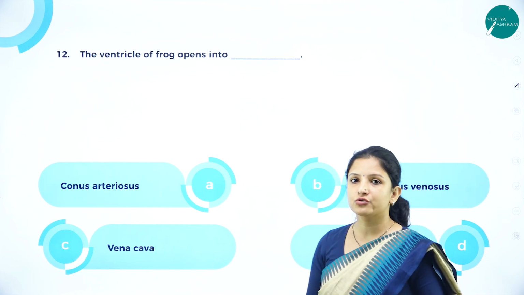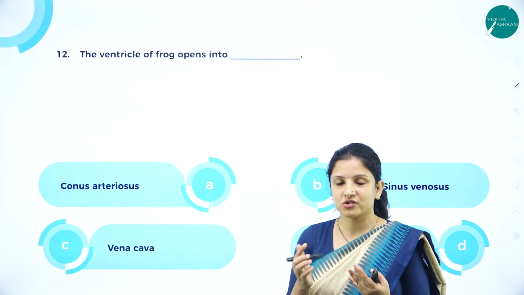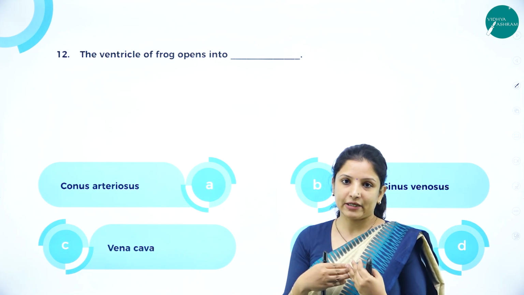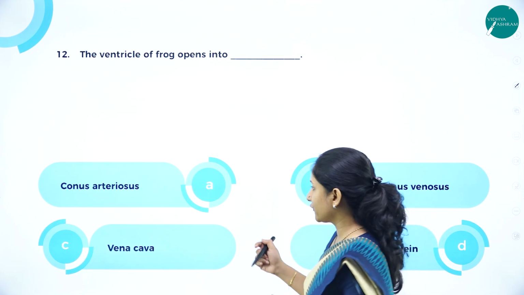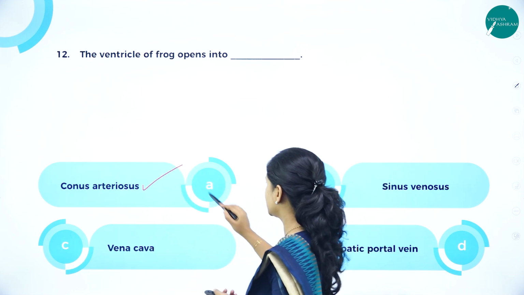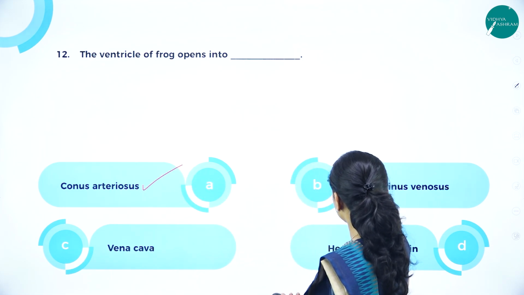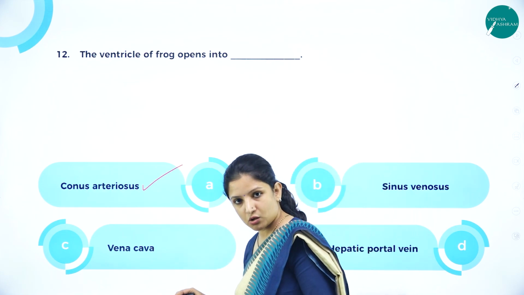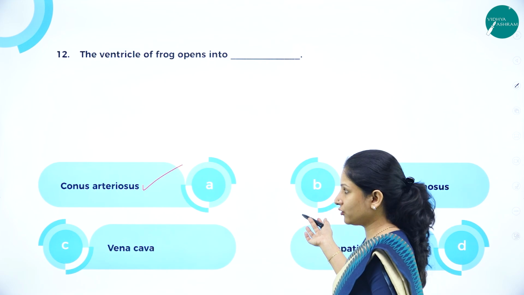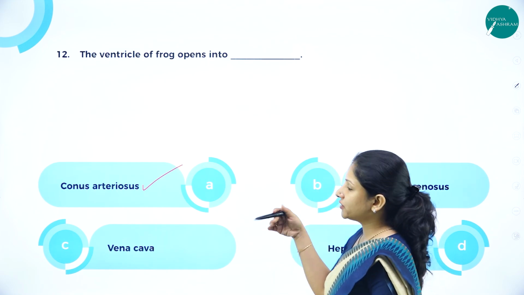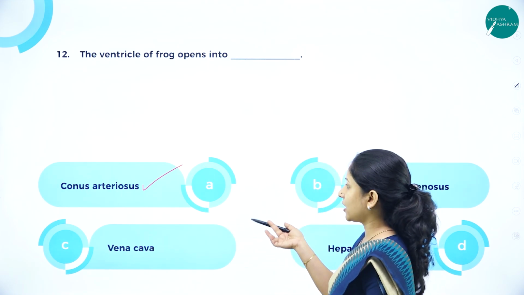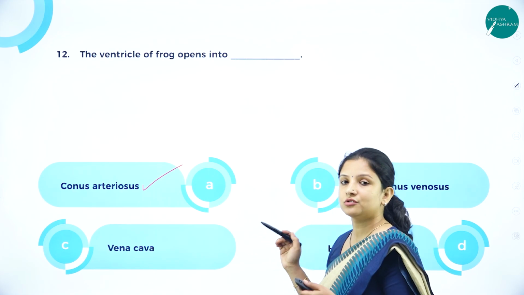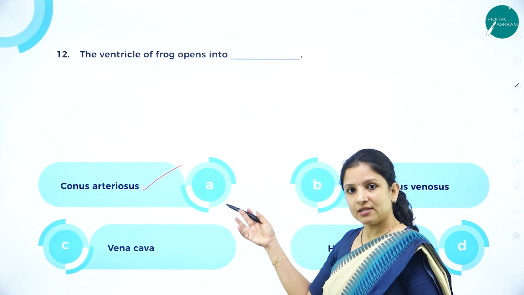It opens into conus arteriosus, which is present on the ventral side of the frog. Remember that the vena cava is the major vein that opens into sinus venosus. The ventricle opens into conus arteriosus. So the answer here is conus arteriosus, option A.